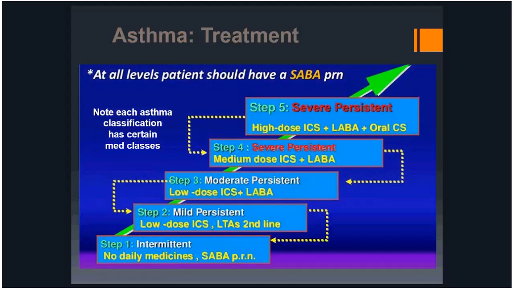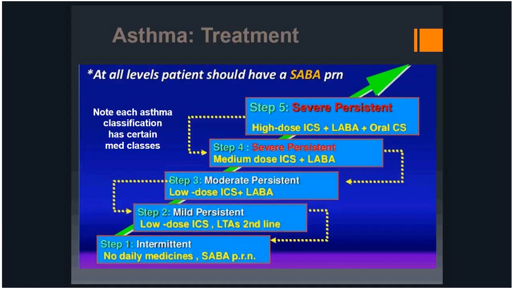With any of the persistent asthma classifications or severities, there is an inhaled corticosteroid, but you can see with the moderate persistent and mild persistent, those are low dose. However, with severe persistent, that is a medium dose, whereas with severe persistent, again, depending on where they fall and what step they're in, if you have to step up, they're going to go to a high dose inhaled corticosteroid.